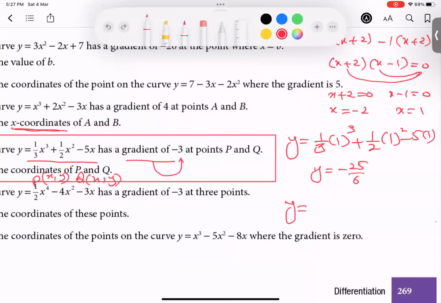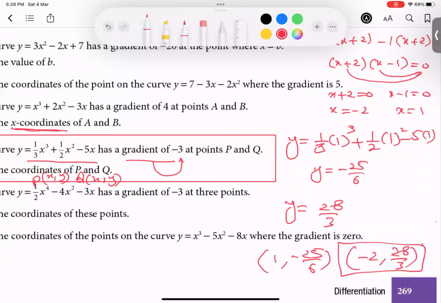So when I replace in the whole equation, let me check. 1 over 3 times minus 2 to the power 3, and plus 1 over 2 times 4, and minus 5 times minus 2. So the answer tends to be 28 by 3. So we got two answers: 1 comma -25 over 6, and for the x value -2, 28 by 3.